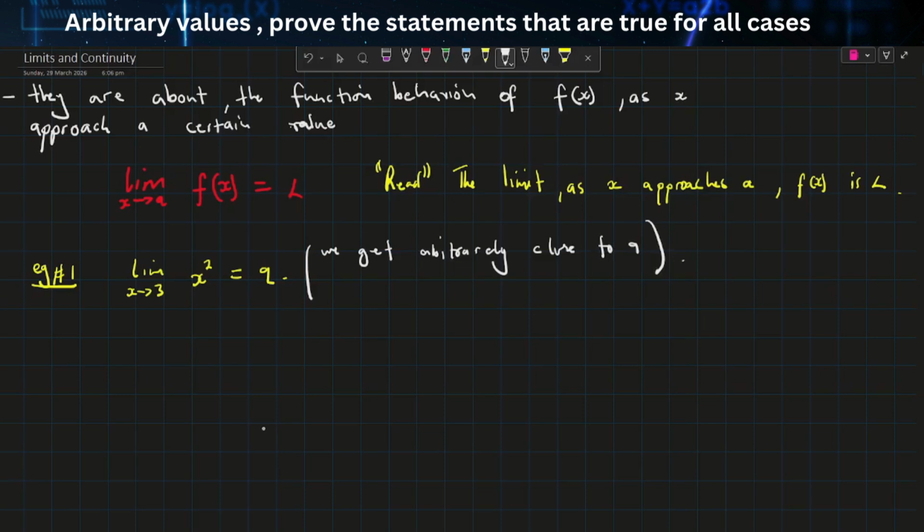That's how a limit works: when the unknown of the function approaches a certain value, we arbitrarily get to another value, and that value is what we are looking at. How is the function responding as we get closer to a certain value from both sides, left or right?